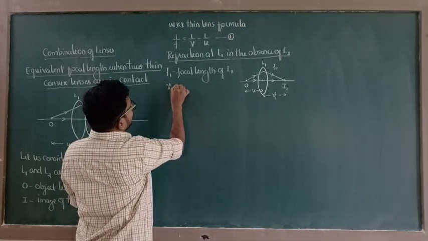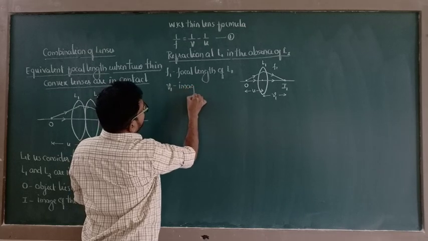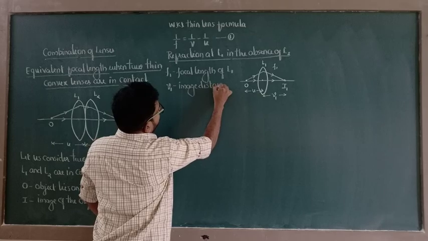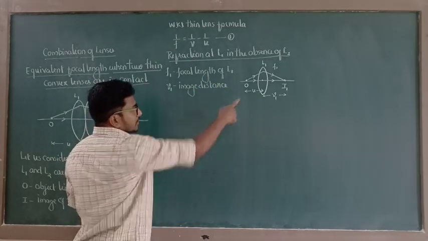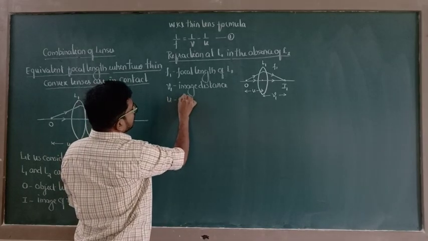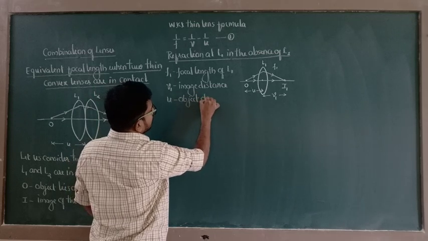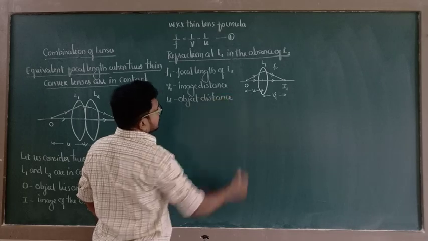Therefore, V1 image distance. Next we want object distance. From this ray diagram, U is our object distance.